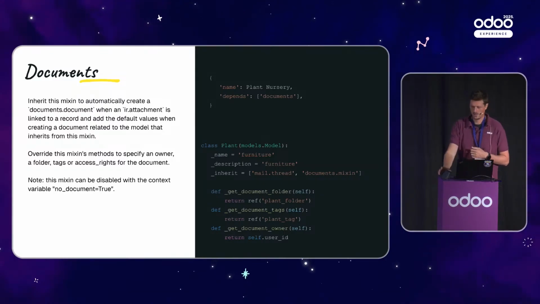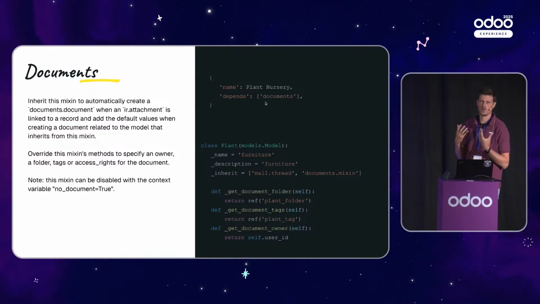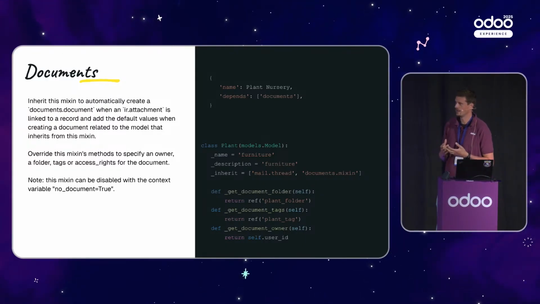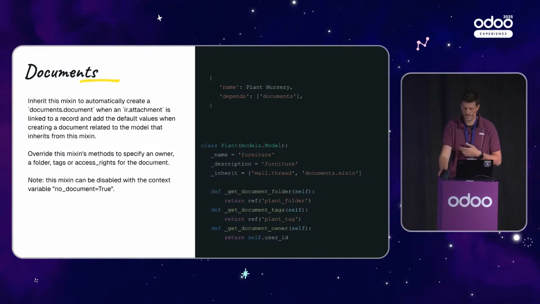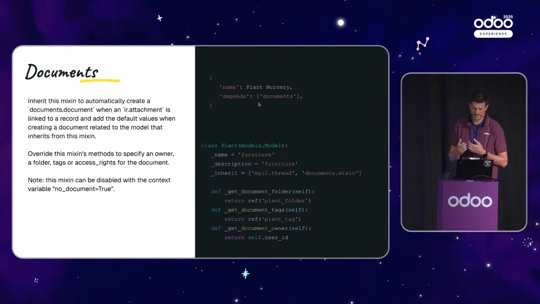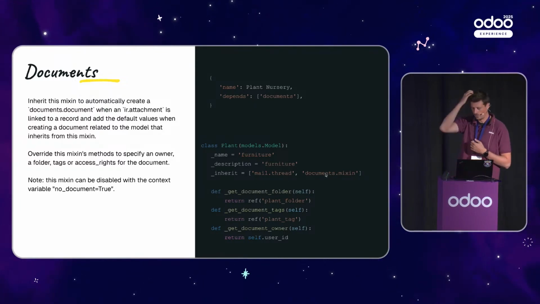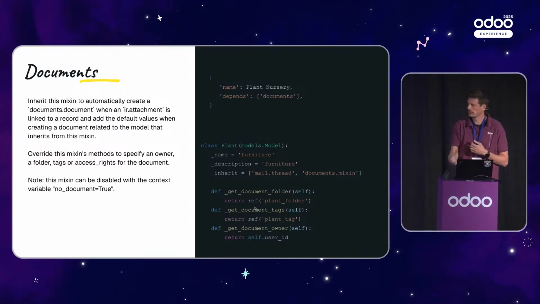To do that, again, for the moment it was easy because everything was about communication, so it was inside the mail module, but here it's something in document. So don't forget to add the documents inside the depends in your manifest, and after that you can add the documents mixin, where you have different methods.